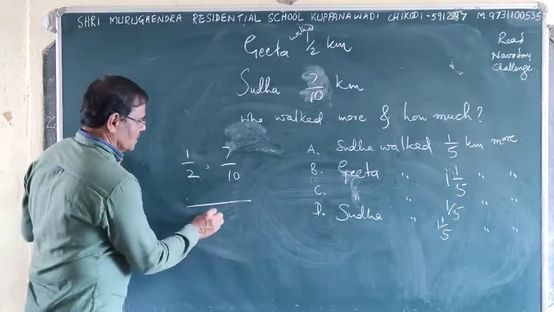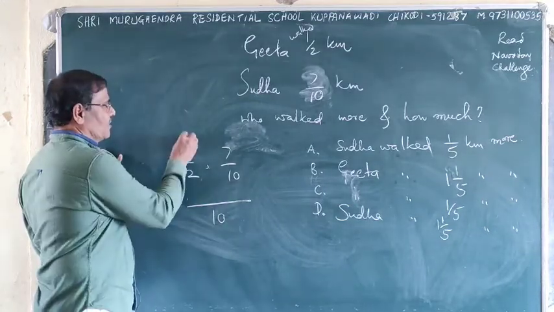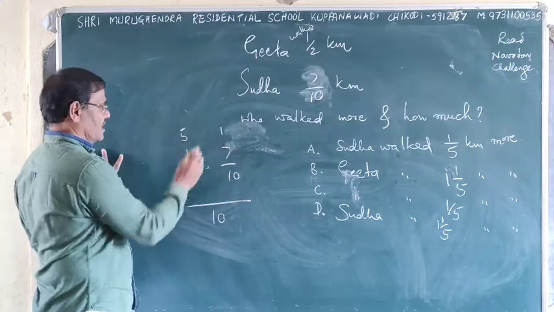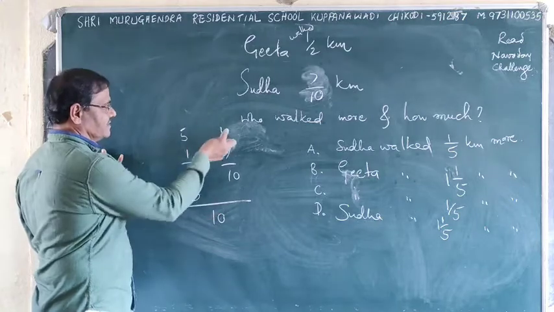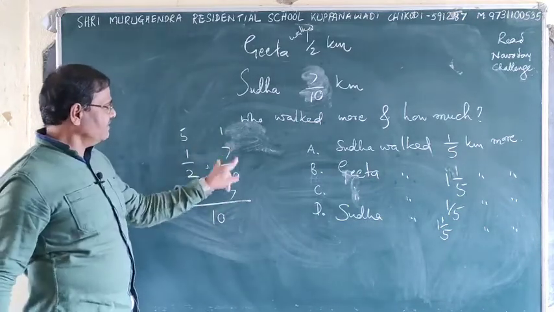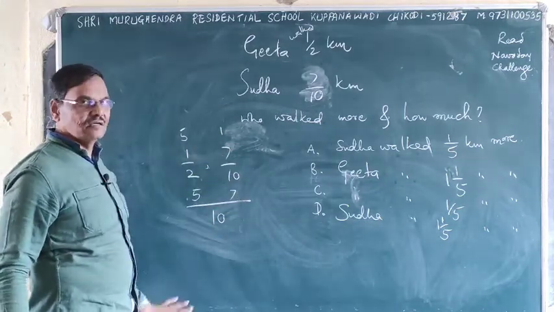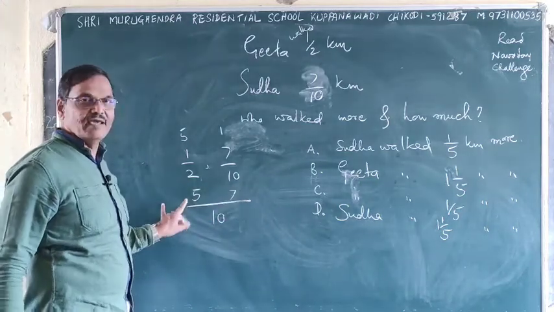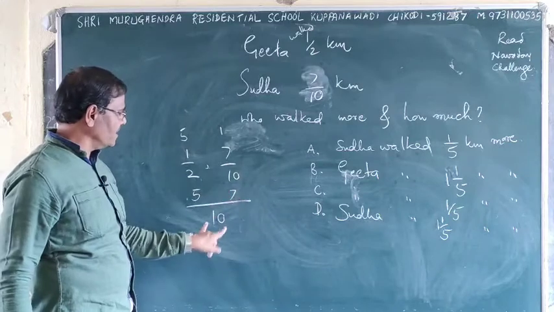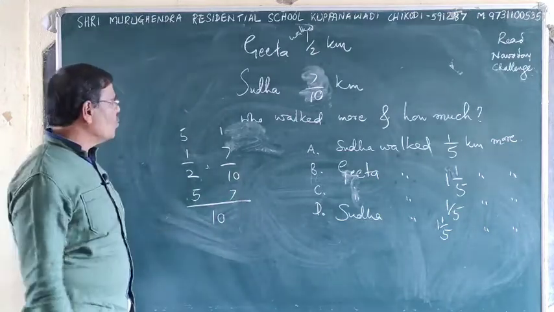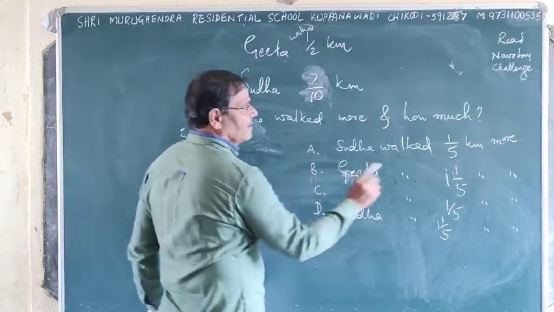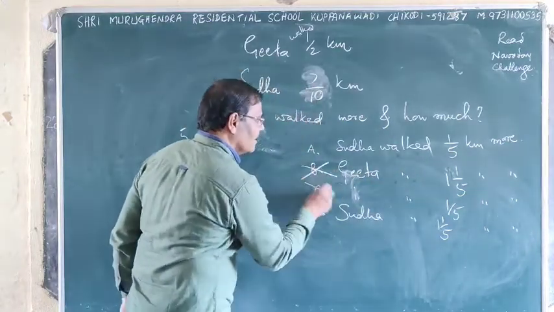So 10 is LCM: 2 5s are 10, 5 1s are 5, 7 1s are 7. And 7/10 is more, isn't it? 7/10 is more. So who walked more? Sudha walked more.